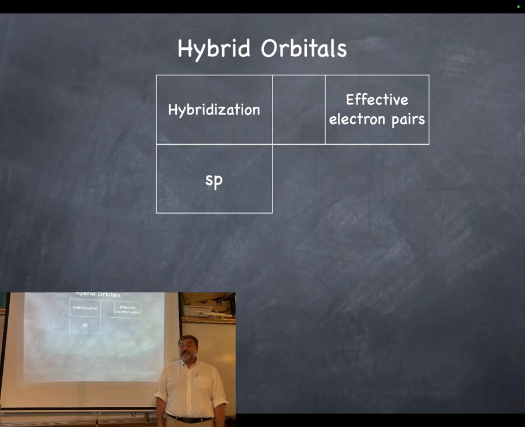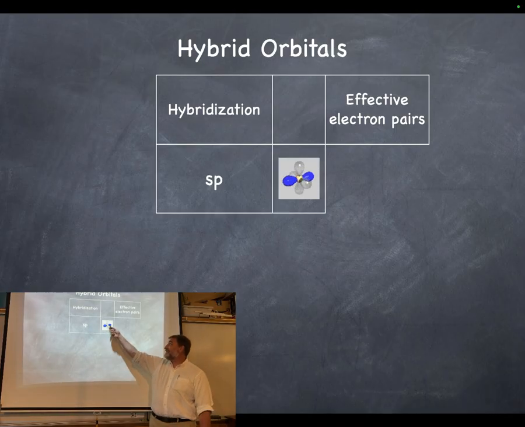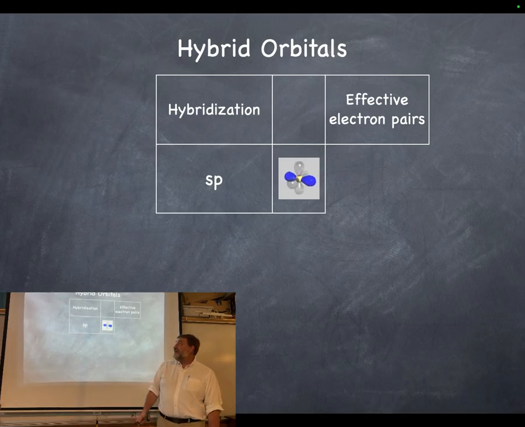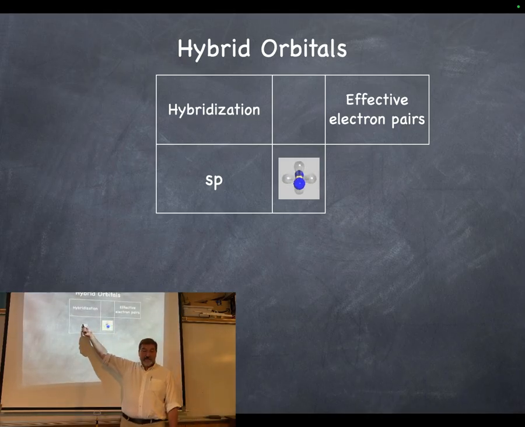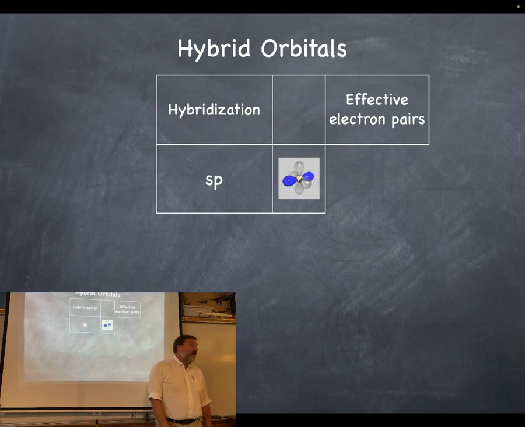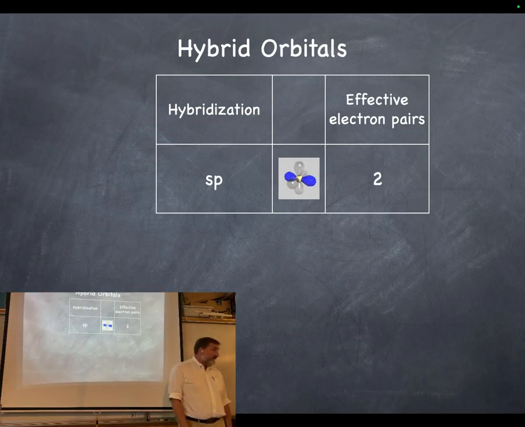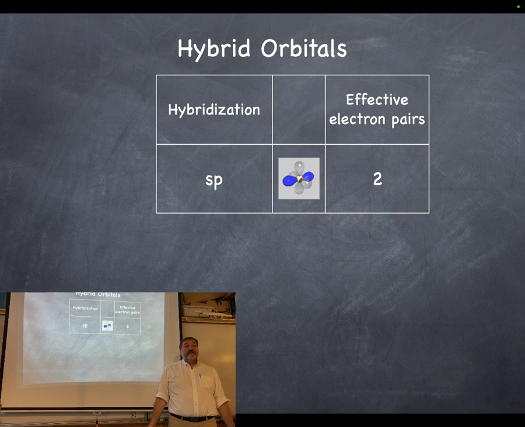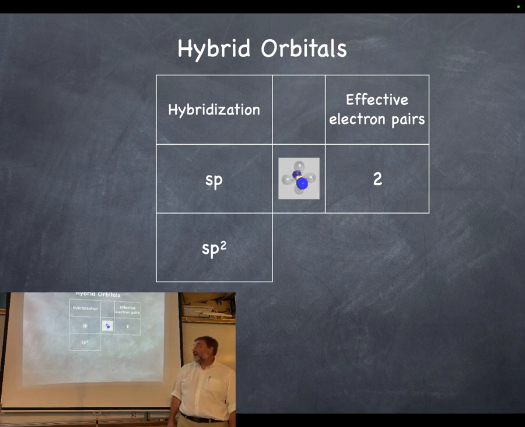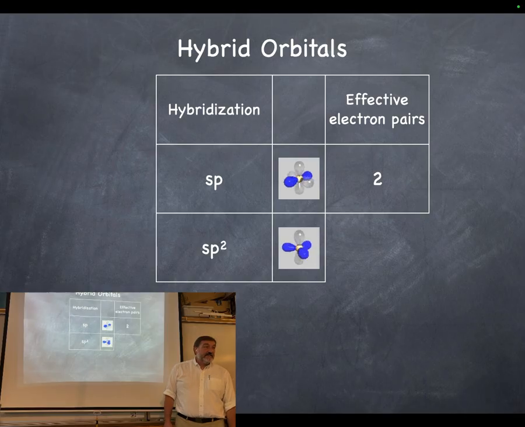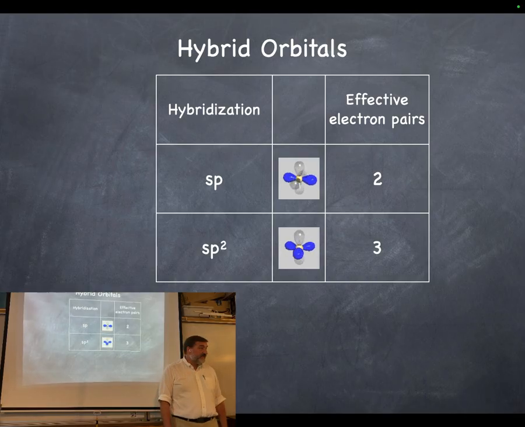If an atom has two electron domains, that means it has this linear structure and it is sp hybridized. If there are three electron domains, it's sp2 hybridized.